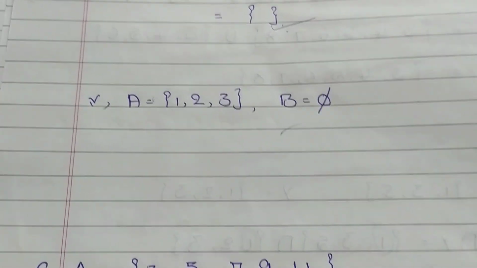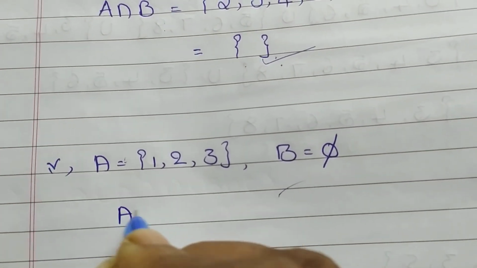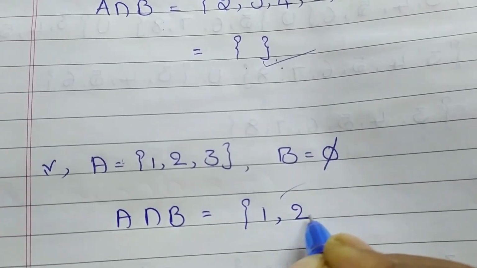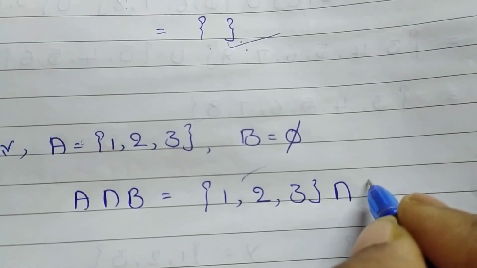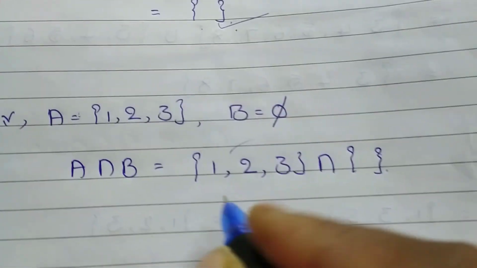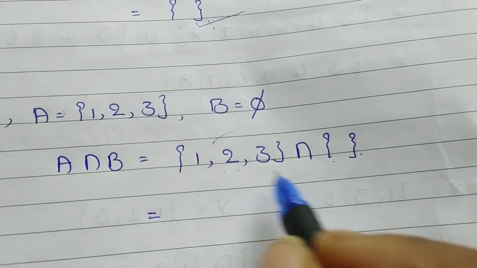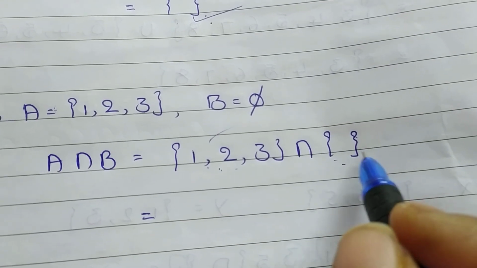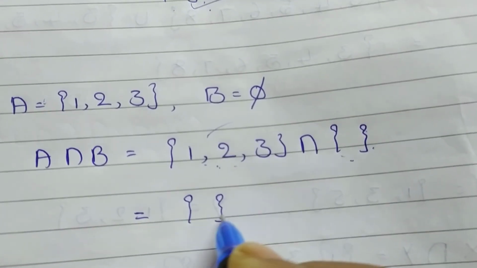Now coming to the next problem, that is A intersection B. A they gave as 1, 2, 3 intersection the null set. Null set means the set with no elements. So there is no element which is common to both, as there is no element here, and so we can say that it is an empty set.